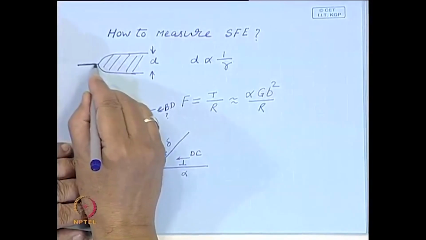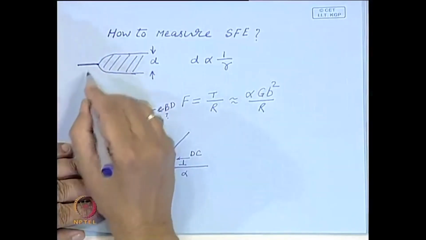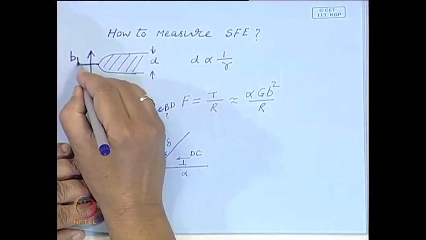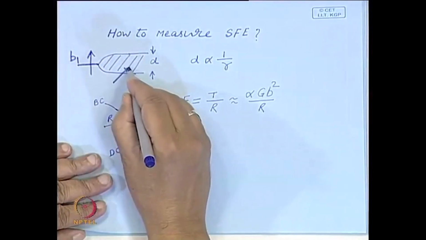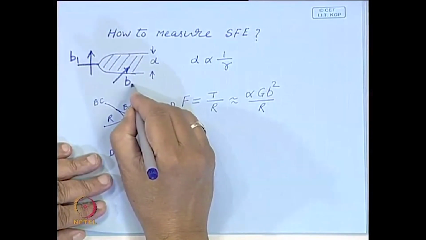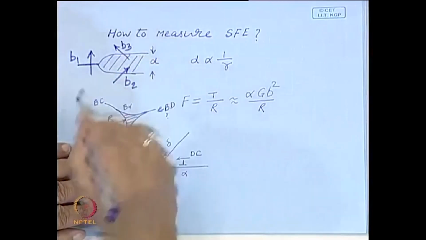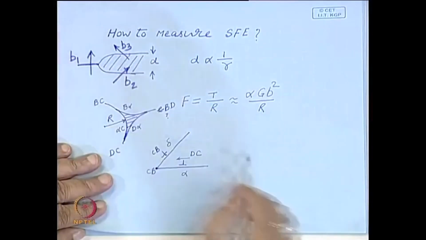We have seen that if you have a dislocation here, this is a perfect dislocation, B1. It breaks down into two partials, B2 and B3, and the two will have some angle.